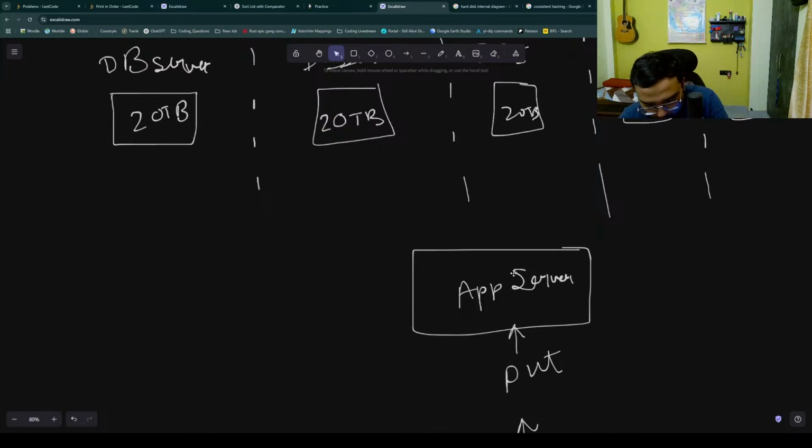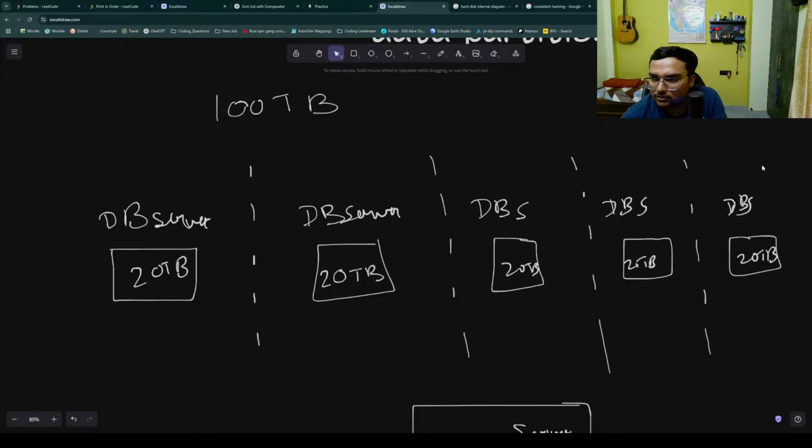Okay, automatic scaling is a big feature of consistent hashing. We can add more DB servers on the fly and we don't need any redistribution. That's the best part, we need only minimal, negligible redistribution.